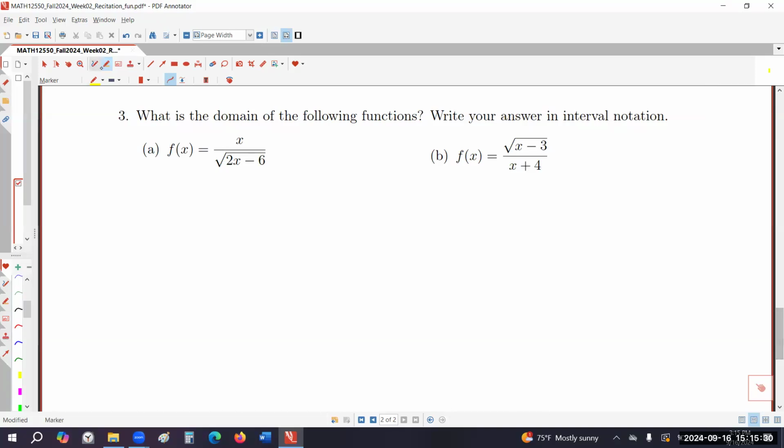So if you look at the top, we have square root of x minus 3. What type of number can we not have inside a square root? Negative. We can have a 0 here. If you have a 0 on the top over a number on the bottom, it's 0. So a numerator can be 0.